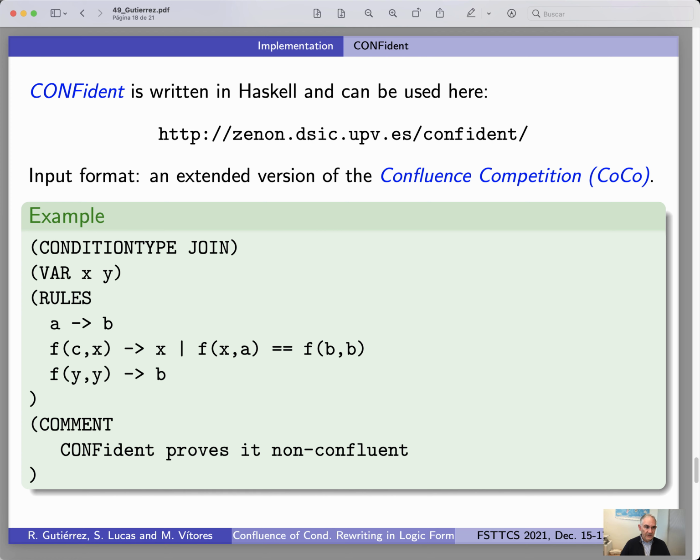For instance, our previous example can be introduced as shown in the slide. The condition type section establishes the interpretation of the conditional part of the rules. Then the list of variables is introduced, followed by a section rules, which collects the conditional rule as displayed. Our tool obtains an automatic proof for this example.